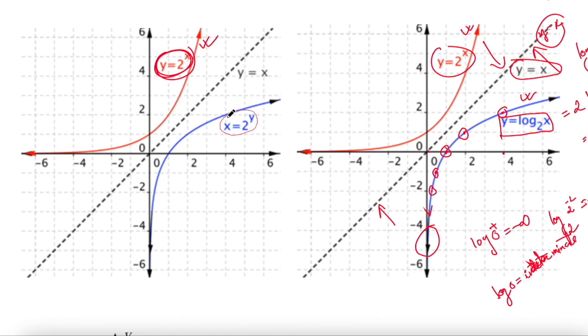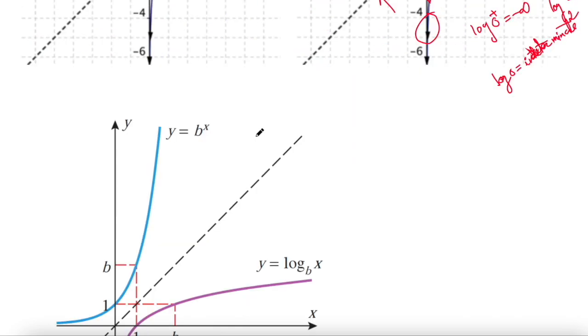Instead of y, if you put x, and instead of x you put y, this is nothing but y equal log x to the base 2. So this is a logarithmic graph. So from these graphs we can decide that logarithmic function and exponential function are inversely related to each other.